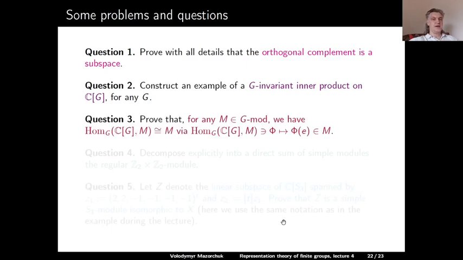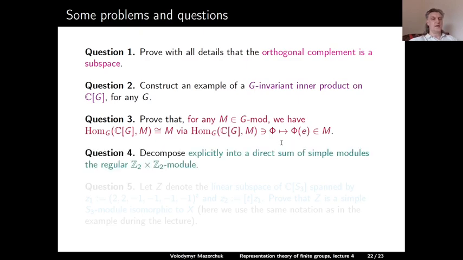Prove that for any M in G-mod, the space of G homomorphisms from the left regular module to M is isomorphic to M by sending the homomorphism phi to the image of the identity element E under phi. Question 4. Decompose explicitly into a direct sum of simple modules the regular Z2 times Z2 module.